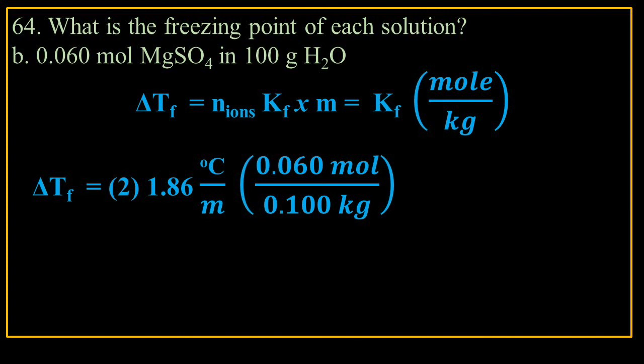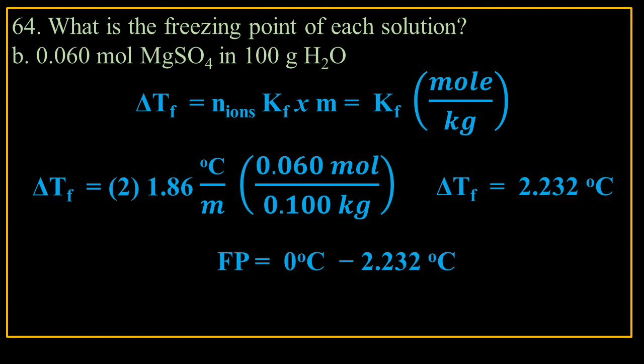And the freezing point depression, when you multiply and divide that out, will be 2.232. So it would be negative 2.232 degrees Celsius will be the new freezing point, because the freezing point of water is 0 degrees Celsius minus the freezing point depression, 2.232 degrees Celsius, and there's the answer.